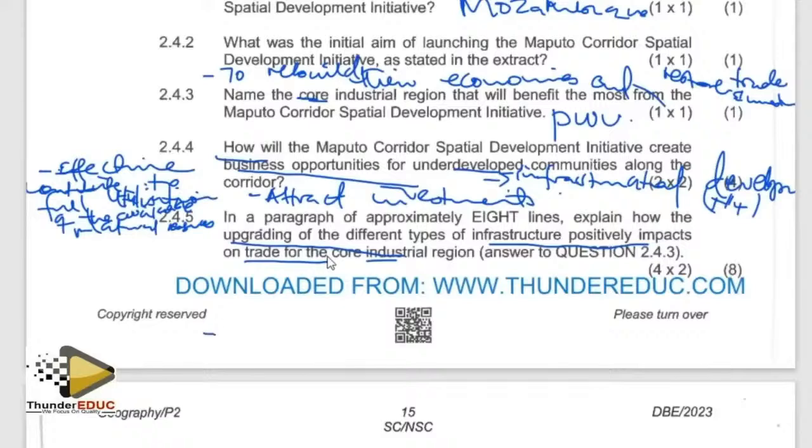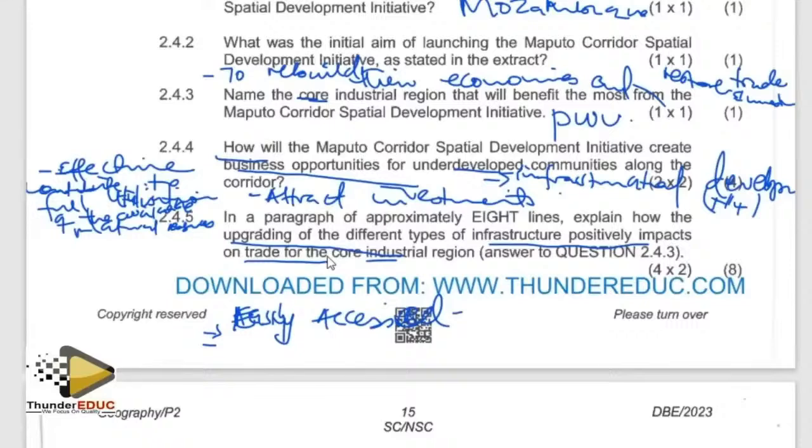Okay, it will positively impact trade in one way or the other. Number one, it will improve accessibility. The area will be easily accessed. So if the roads are upgraded and infrastructure is well built, the area will be easily accessed. Okay, that's number one.